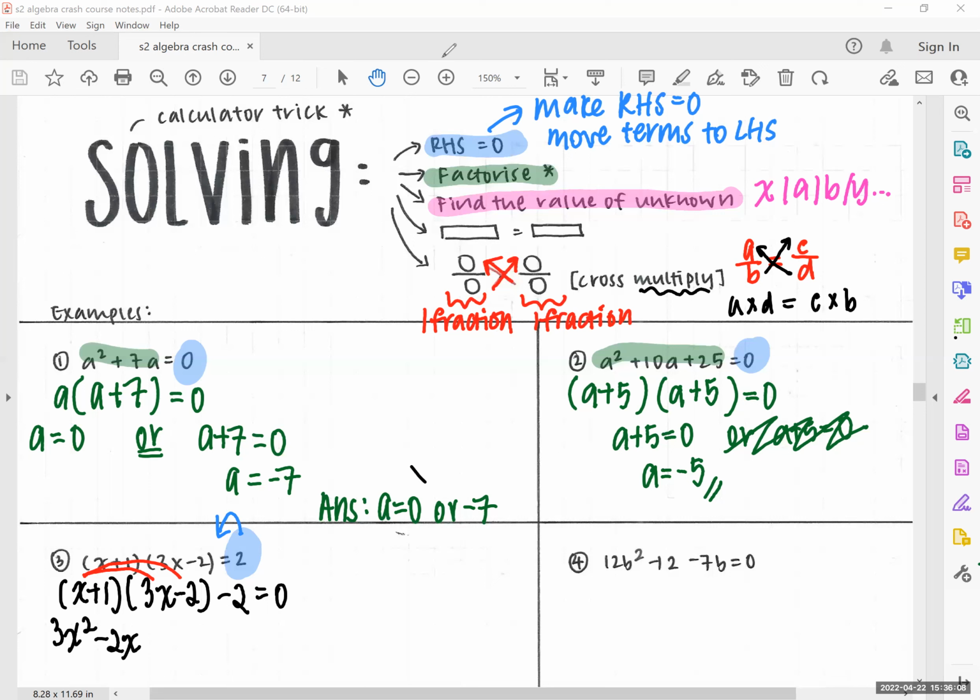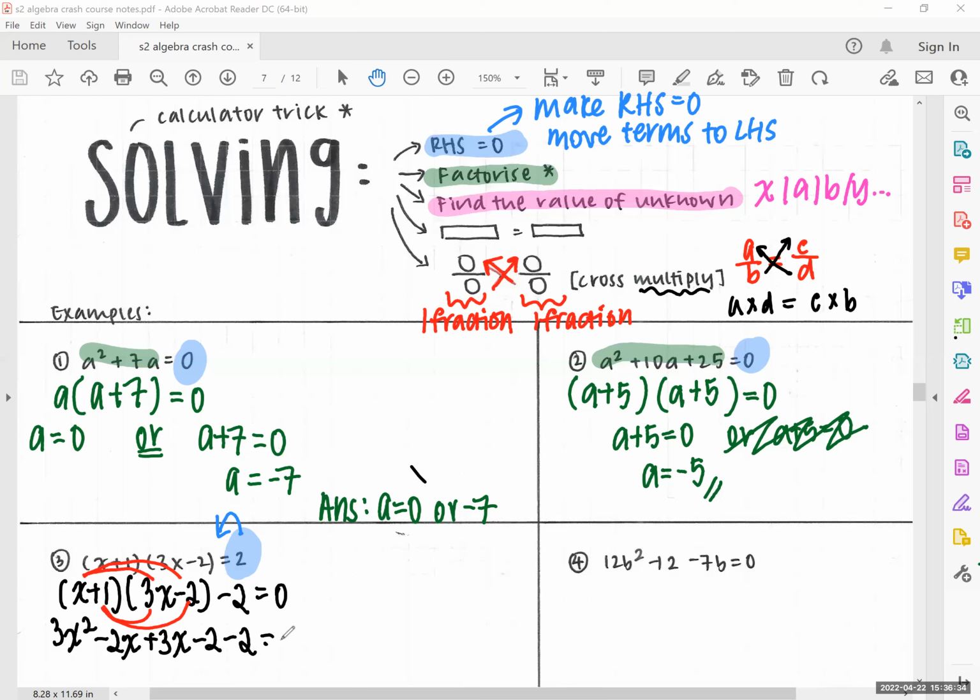Is that all? No. Then after that? 1 to 3x. And what do I get? Plus 3x. 1 to negative 2. Minus 2. Then minus 2.